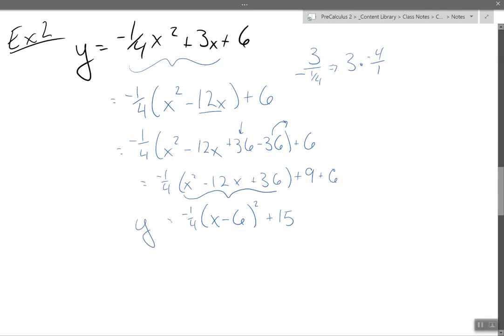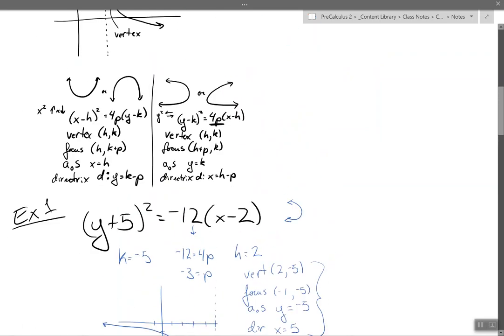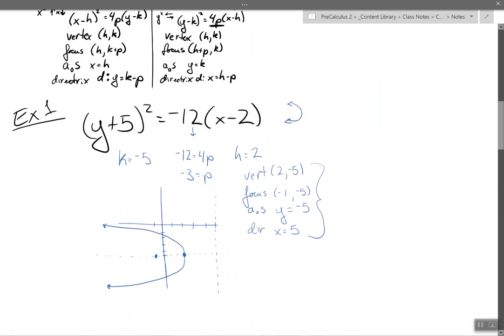So to complete this problem, we just need to get that squared term by itself. So right now there is a multiple on the front of it, and there is addition on the end of it. So we need to get rid of both of those things to get the squared term by itself. If you look at both of these formulas, the squared term is by itself. The p value is on the non-squared term.